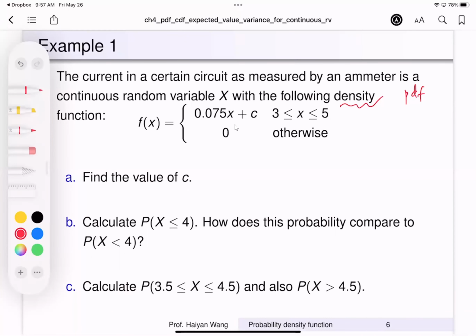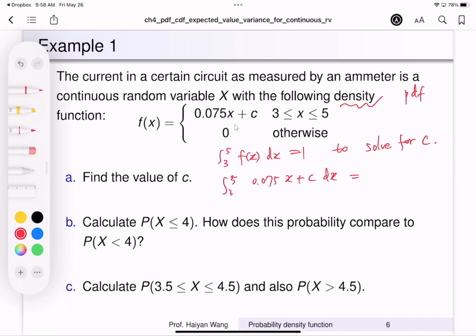For this case, we integrate f from 3 to 5, and make it equal to 1 to solve for C. In particular, we have the integral from 3 to 5 of 0.075x plus C, integrated with respect to x.